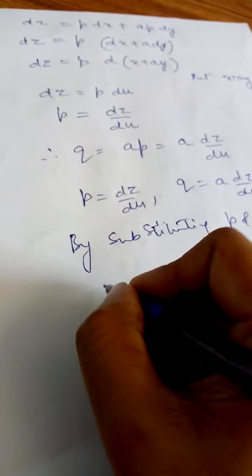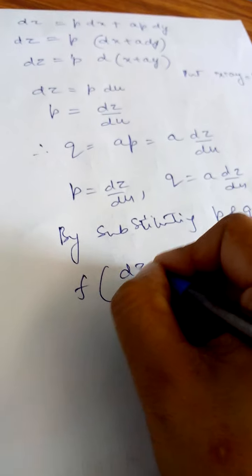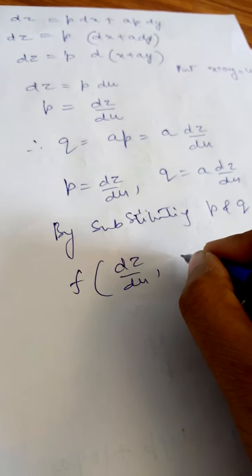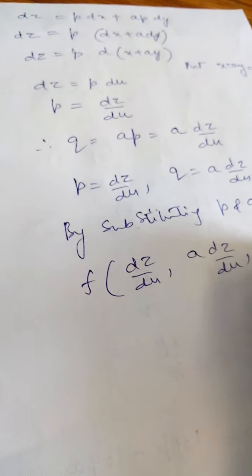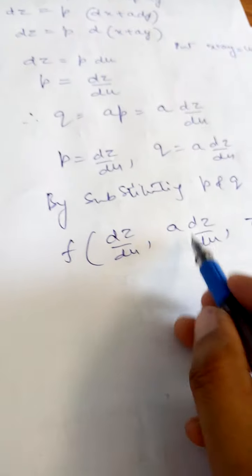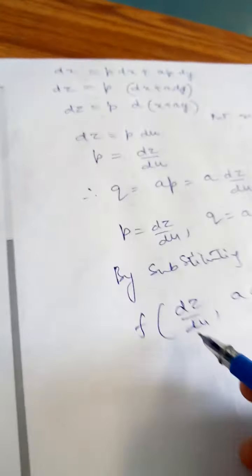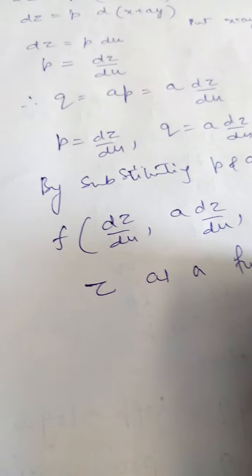The equation will be of the form f of dz by du, a dz by du and z. So your equation involves now z and u. By solving this equation, you will obtain z as a function of u.